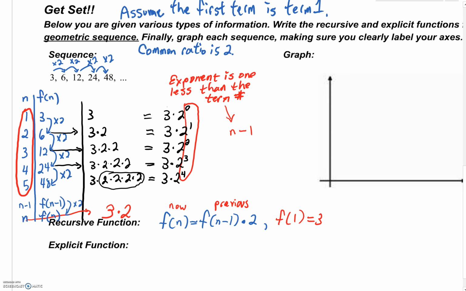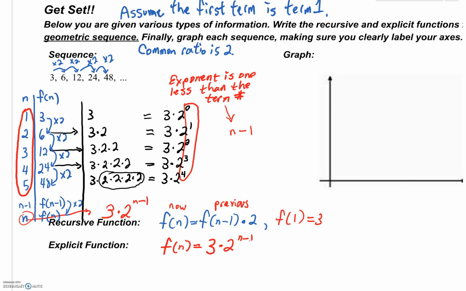We're going to have a multiplication of 2, but we're going to have 1 less than that term number. So we're going to have n minus 1. So that's really what we've got for our explicit function, or our explicit formula. Our f of n is going to have 3 times 2 to this n minus 1. So that's the pattern that we've noticed.